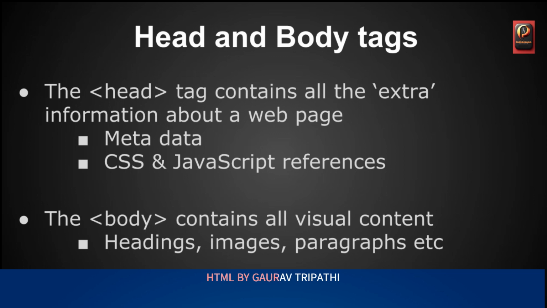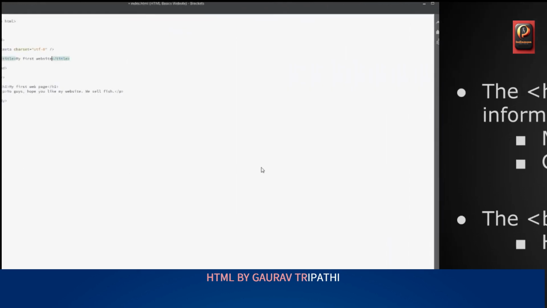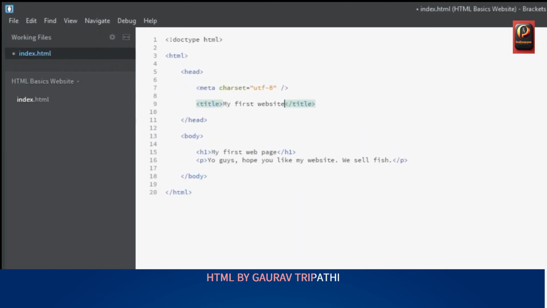All that goes in the head. The body tag contains all the visual content. Everything that you want to show to the user, you put in the body tag: headings, images, paragraphs, whatever else you've got. So, I'm going to jump back over to Brackets now, and I'll see you there.